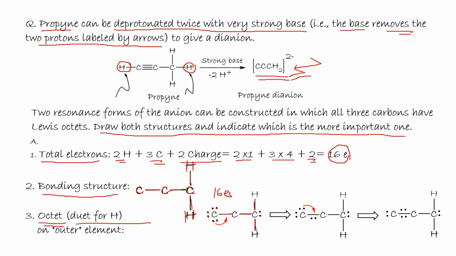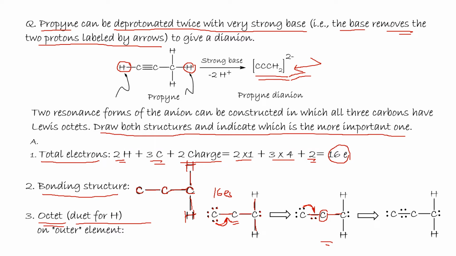But still, this carbon now has only 4 electrons. To correct the structure, we took 2 electrons from here and formed a double bond to give us this structure. Still, this carbon has only 6. We take another 2 from this carbon and form a double bond.